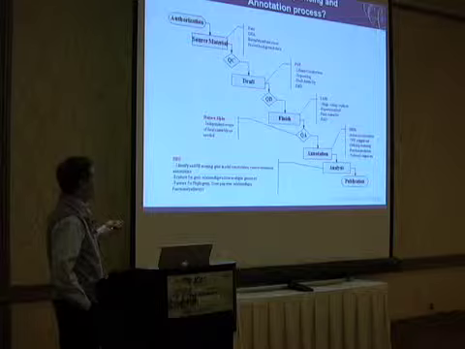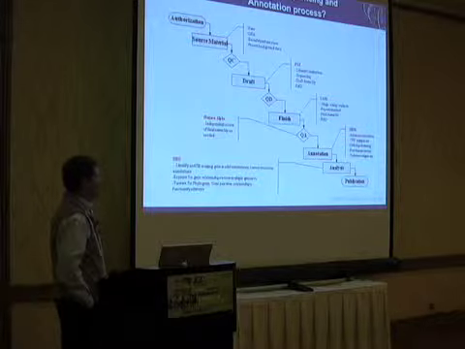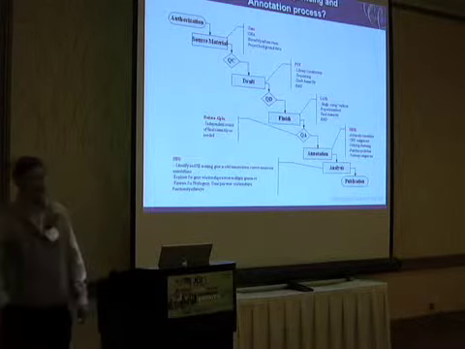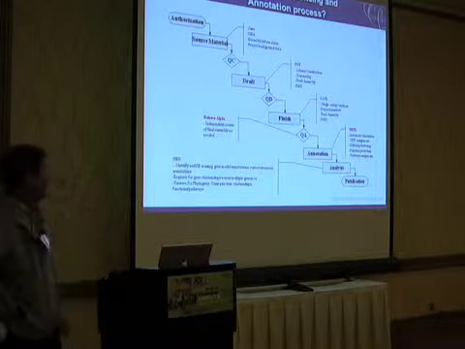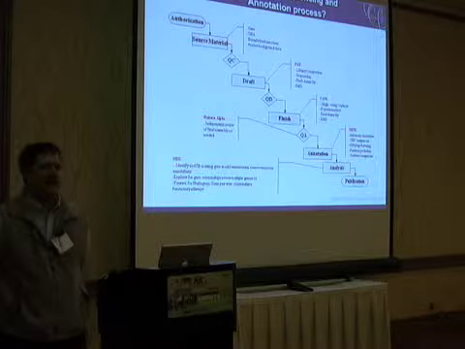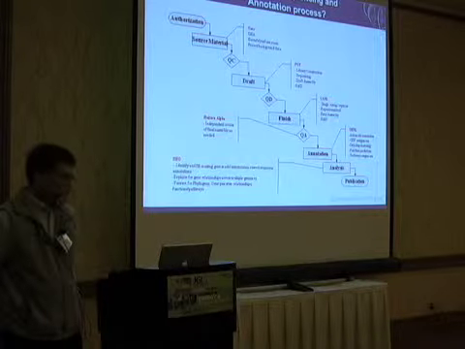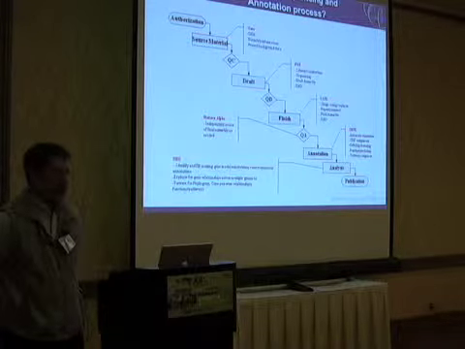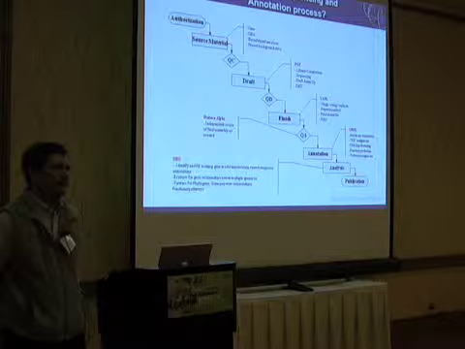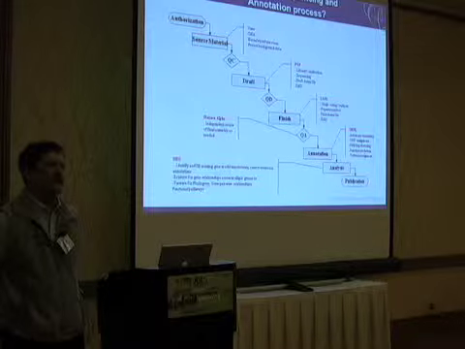On the draft assembly, then it goes to a finishing team, which is physically located at Los Alamos National Laboratory in Los Alamos, New Mexico, where the draft assembly is polished and finished. By the end of that process, you have a high quality single assembly.